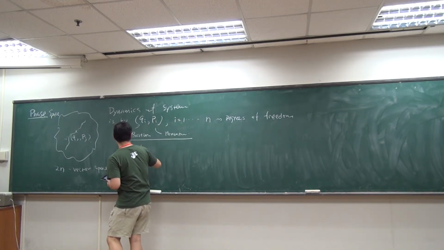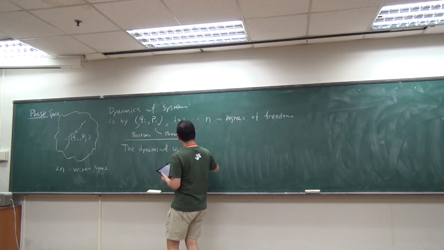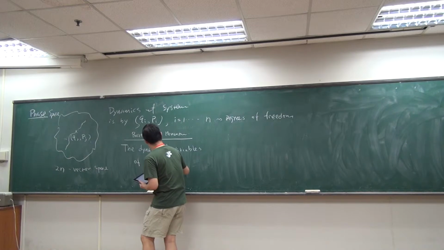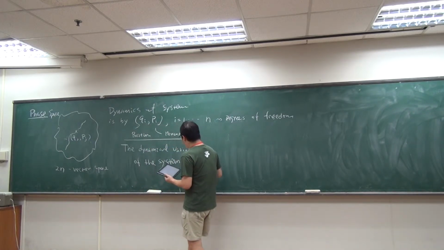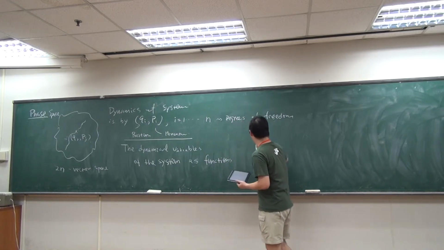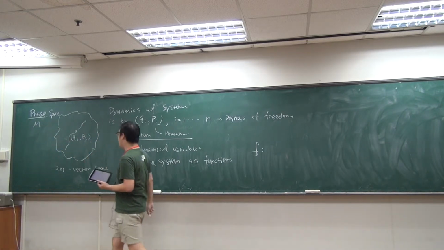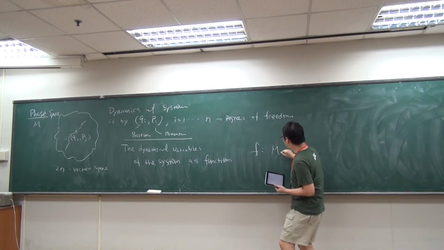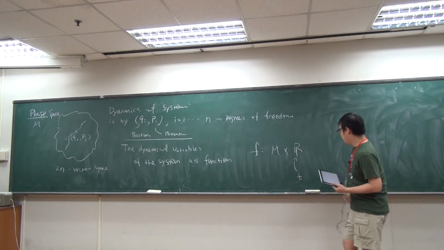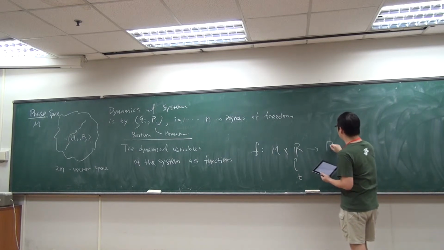So we can really think about the dynamical variables of the system as functions f, such that f maps the phase space, which I denote M, times the real axis, which is simply our time coordinate, into a real value.